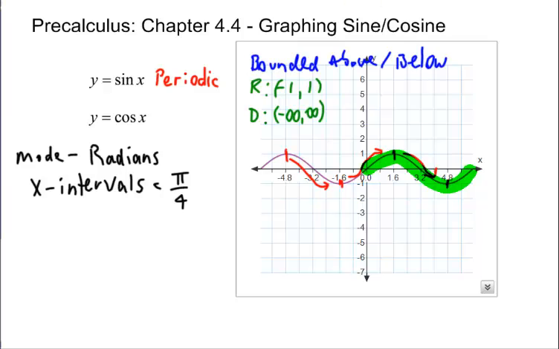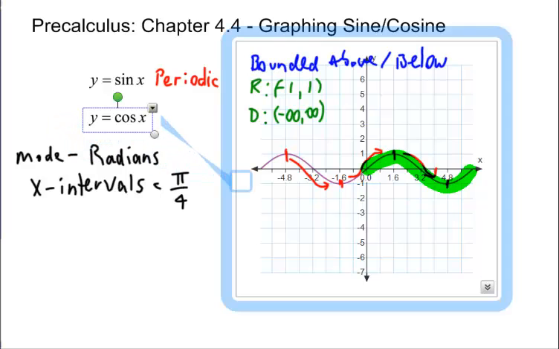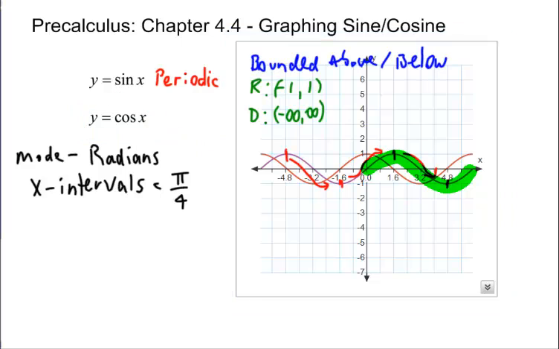Okay. Now, what about a cosine curve? Let's see if we can see this guy. Oh, there he is. And look, he's off just a little bit. He's the sine curve moved to the left pi over 2 units actually is what it is.